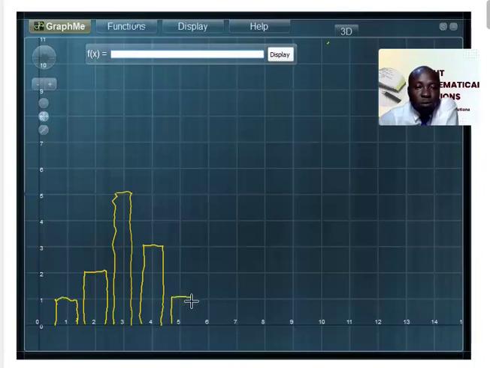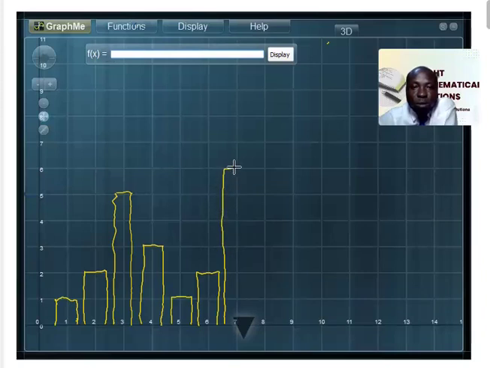When x is 6, our frequency is 2. So when x is 7, our frequency is 6. Please ensure you use a ruler when you are drawing.